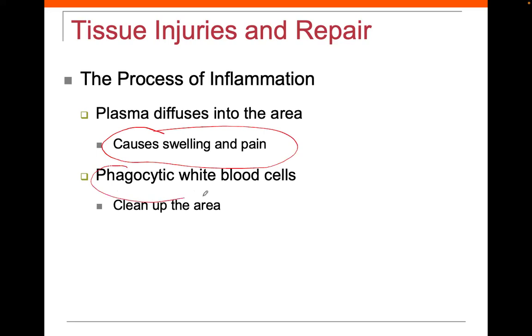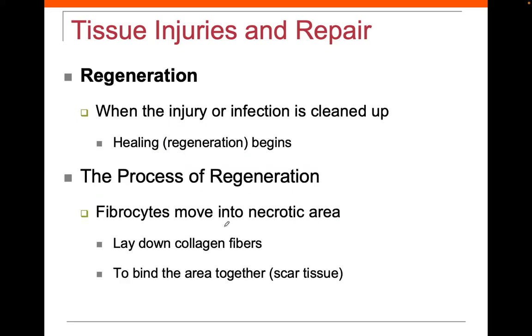And the phagocytic white blood cells, they're the cleanup. Now, regeneration, that's when the injured or the infected area is all cleaned up. And when it's all cleaned up, that's when people consider now it's healed or healing, or the regeneration can begin.